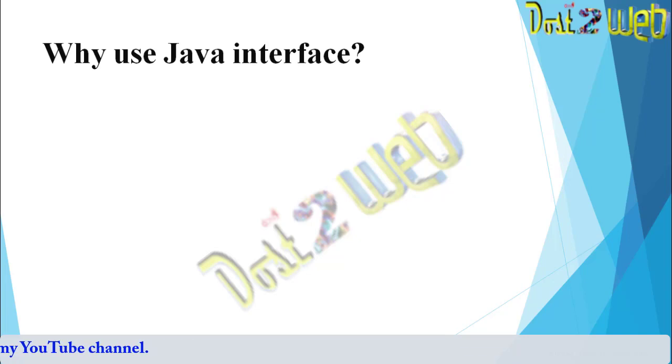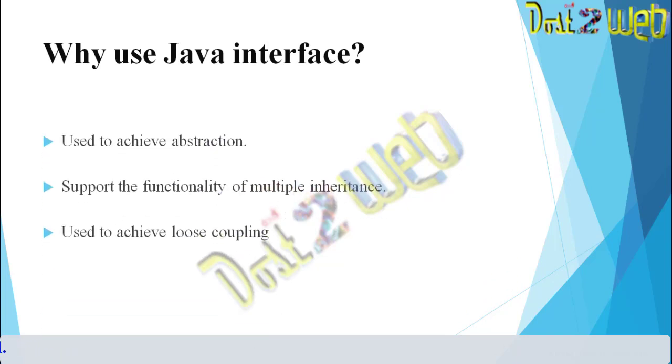Why do you use a Java interface? What is the use of a Java interface? To use the Java interface, you actually have to achieve abstraction. You know very well what abstraction is. Define abstraction.